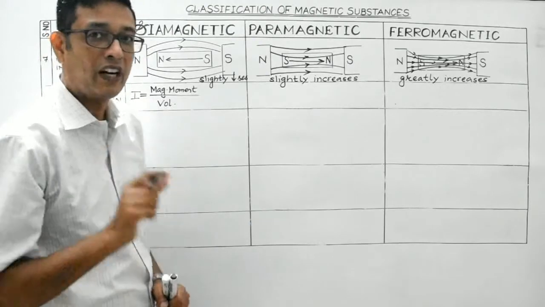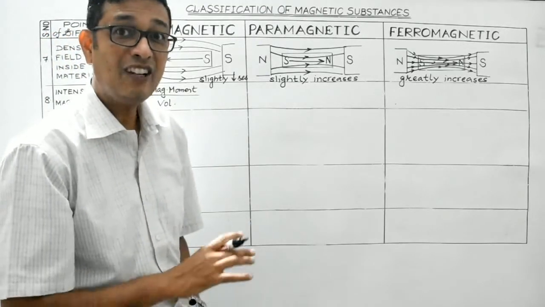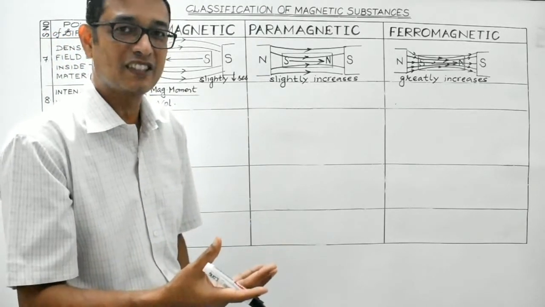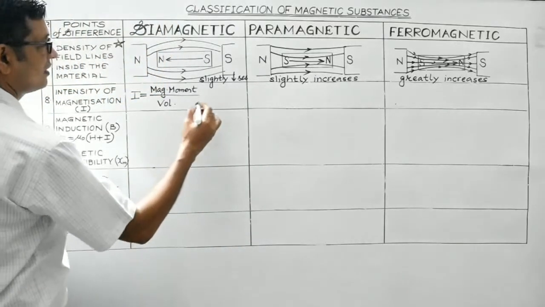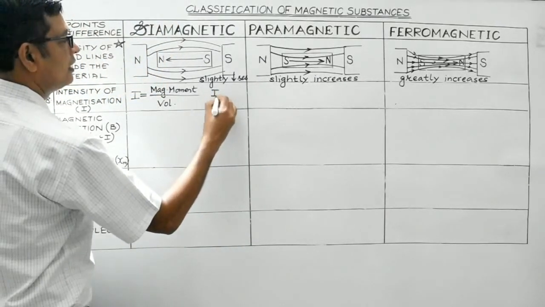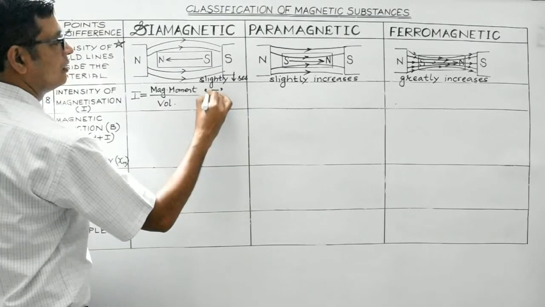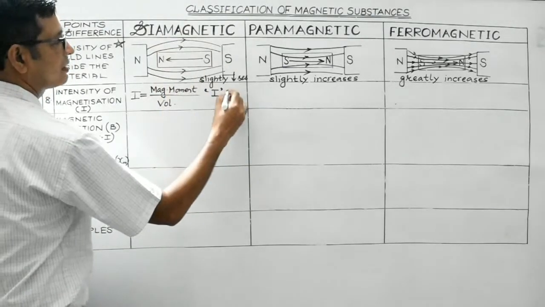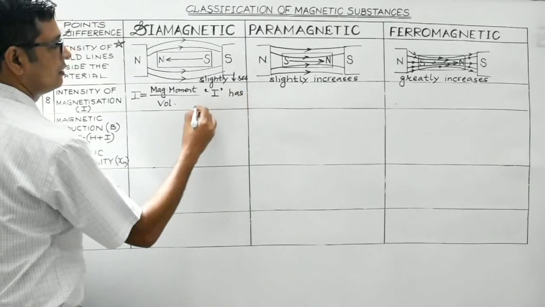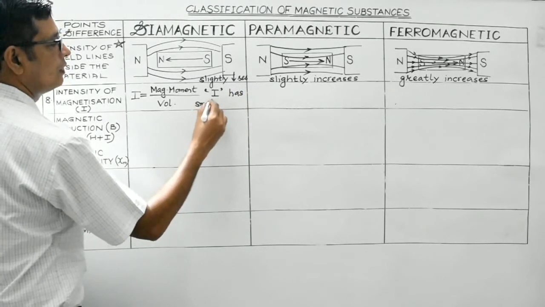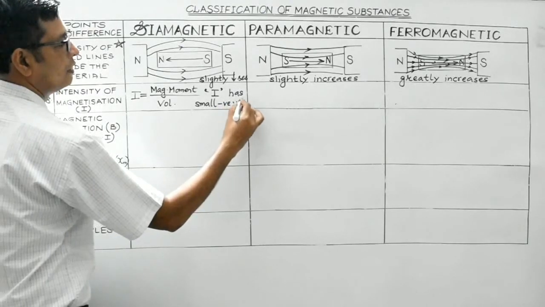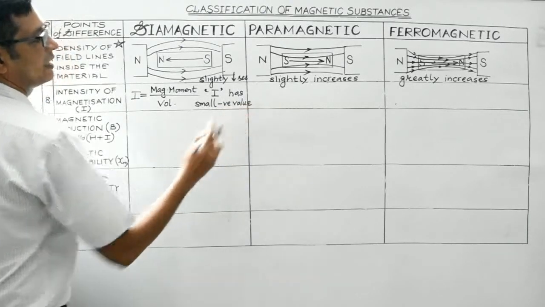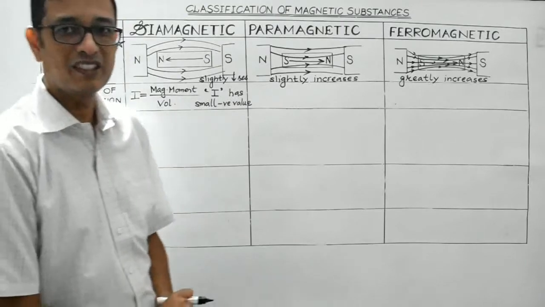So the magnitude of I would be very, very small and oppositely directed to that of the external field, so it will be assigned negative sign. So the intensity of magnetization of a diamagnetic substance has small negative value. I hope you have understood this.